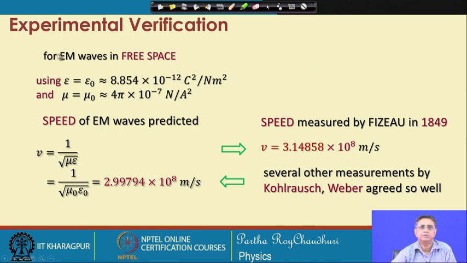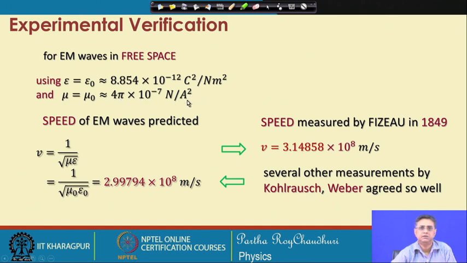For electromagnetic waves in free space, the best value known to Maxwell for epsilon naught, which is a scalar, is this, and for free space the permeability mu naught is given by this equation.